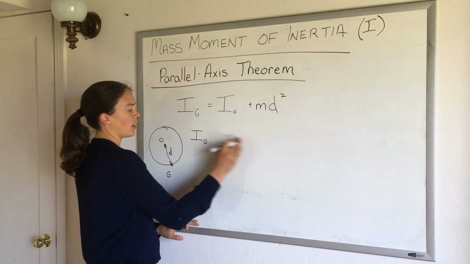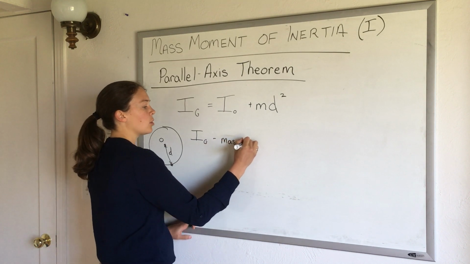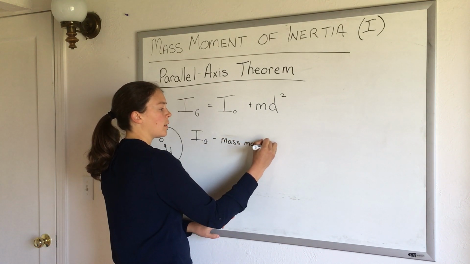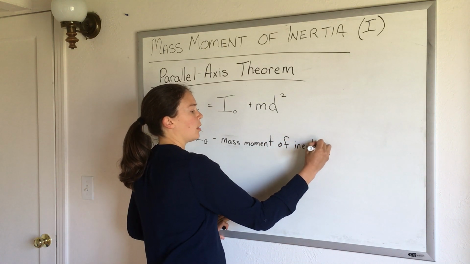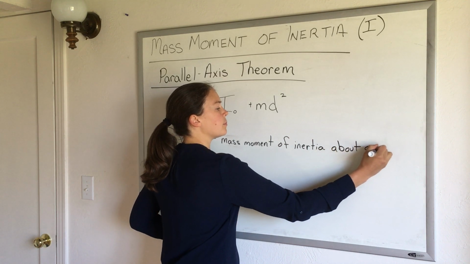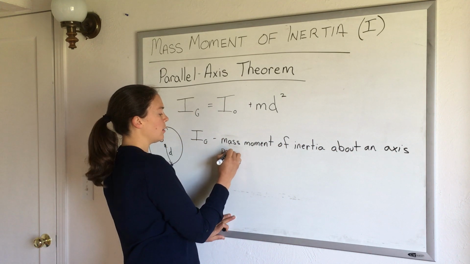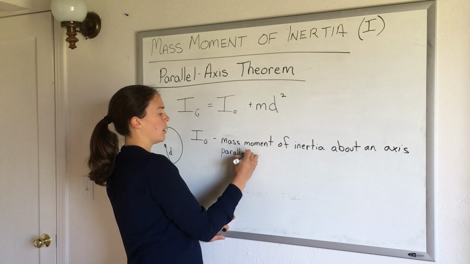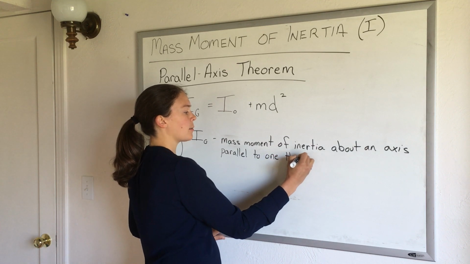So I should say that the I sub G is the mass moment of inertia about an axis parallel to one through the center of mass.